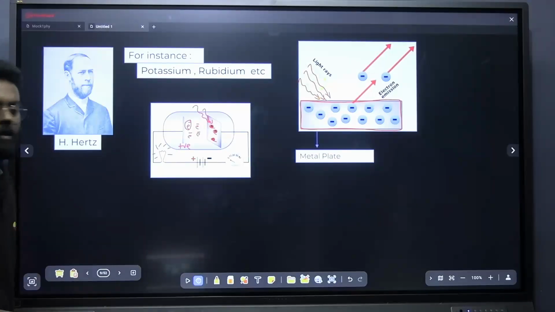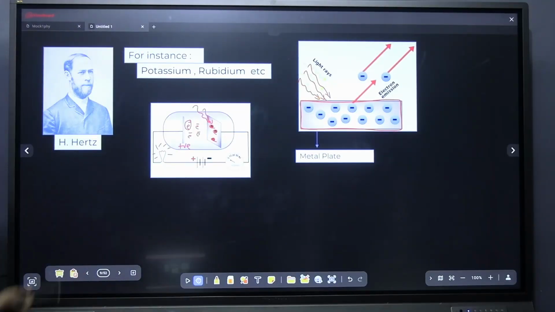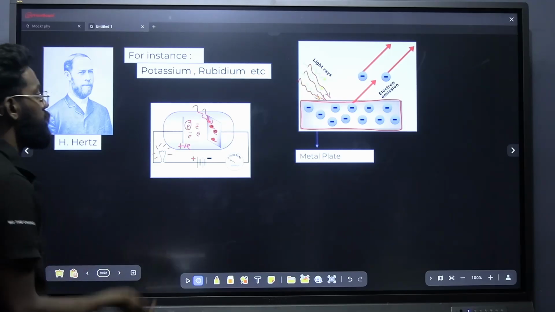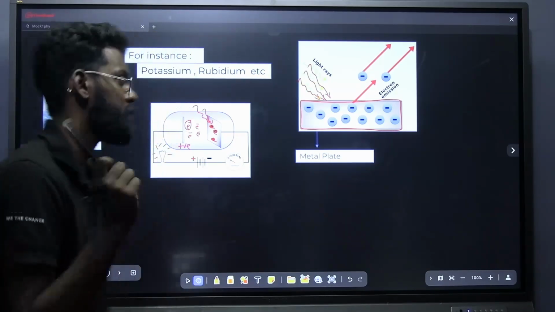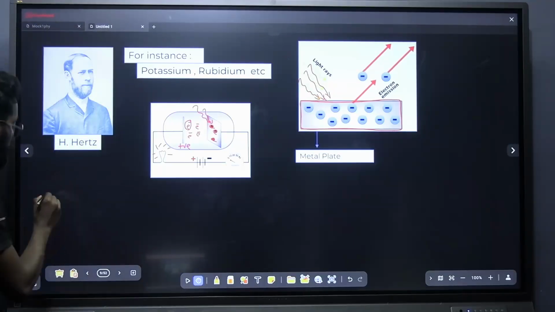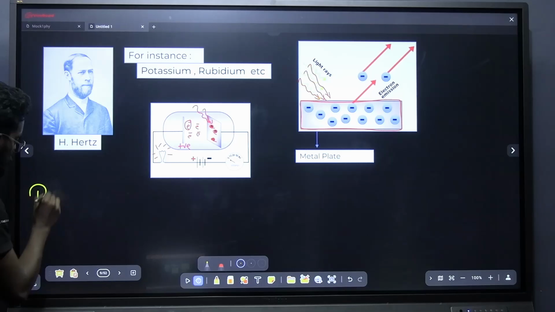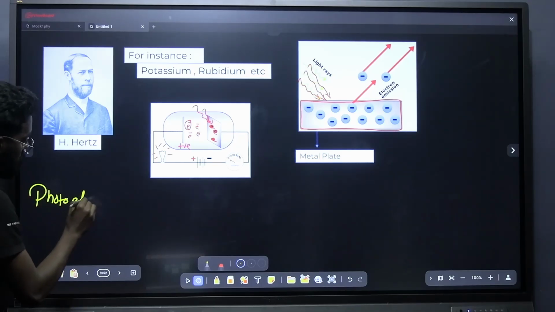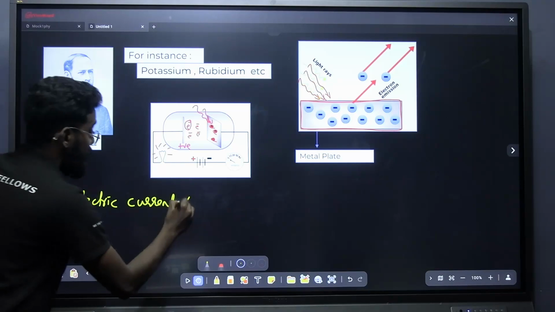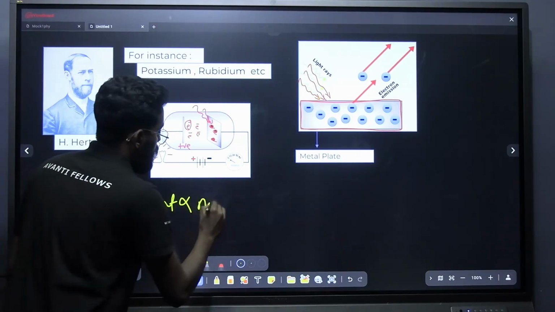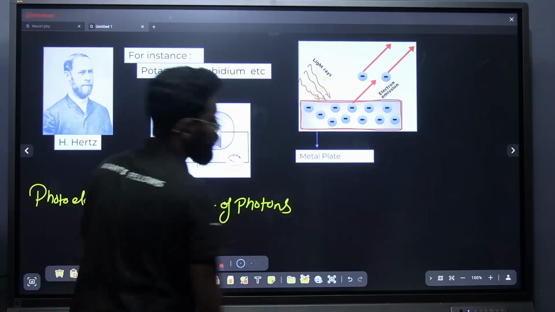Now my question is, how is the photoelectric current related to the photoelectrons, and how are the photoelectrons related to the number of photons?